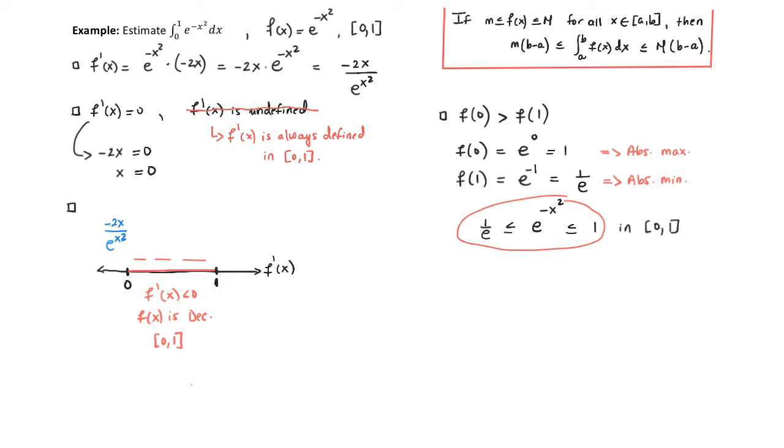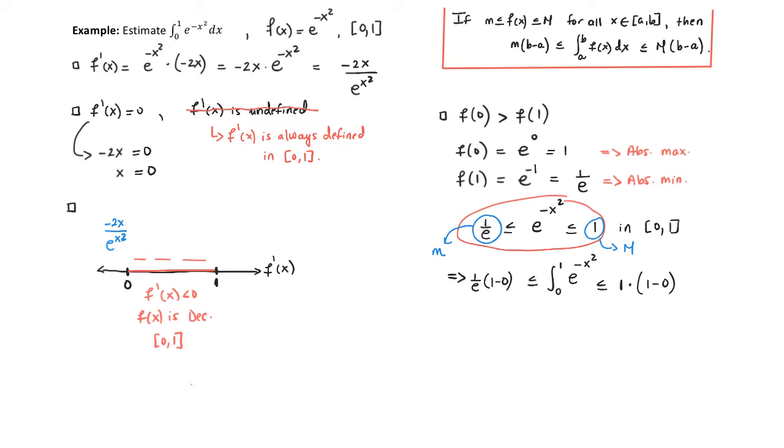That implies that the integral from 0 to 1 of e to the negative x squared is going to be less or equal than 1 times b minus a, so 1 minus 0, and is going to be greater or equal than 1 over e times 1 minus 0. I want you to notice that 1 over e plays the role of little m, and 1 plays the role of big M. So this inequality follows nicely.